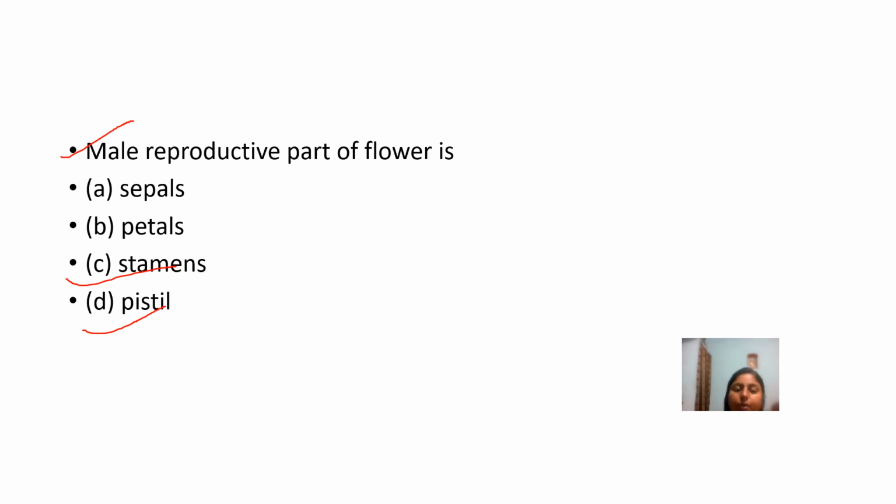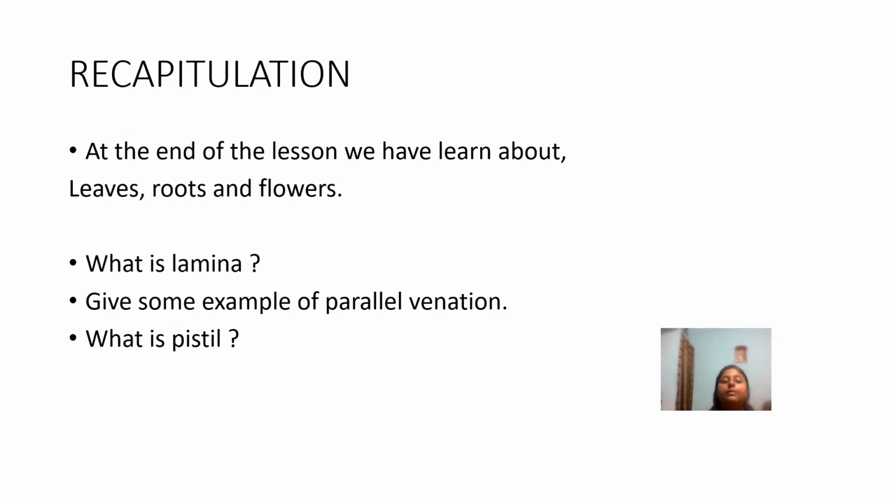Now, recapitulation time. At the end of the lesson, what have we done today? We have learned about leaves. There are two types of leaves: the first one is reticulate venation and the second one is parallel venation.